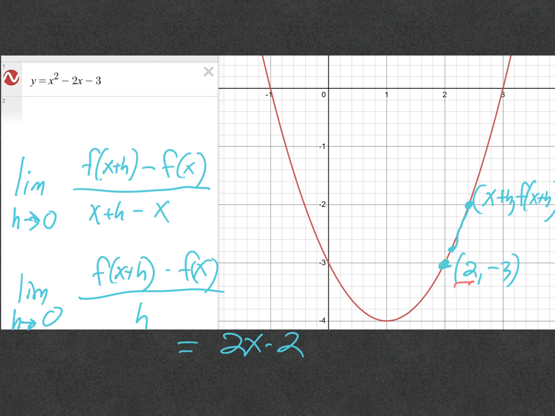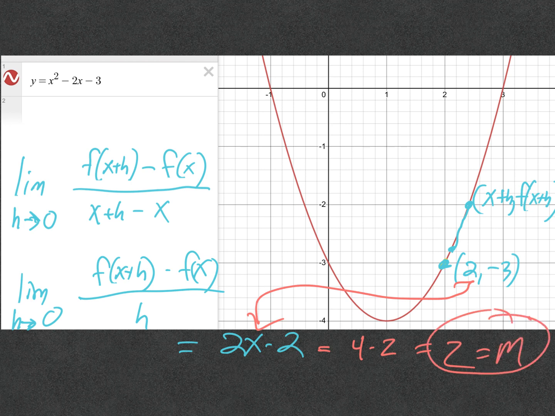So I take this and plug it into that equation, and I get 4 minus 2, which was 2. Lucky, that was close to that estimate of the first 2 points I picked. Will it always be that way? No. But this is the slope of the line that goes through that point that is tangent to my original line.